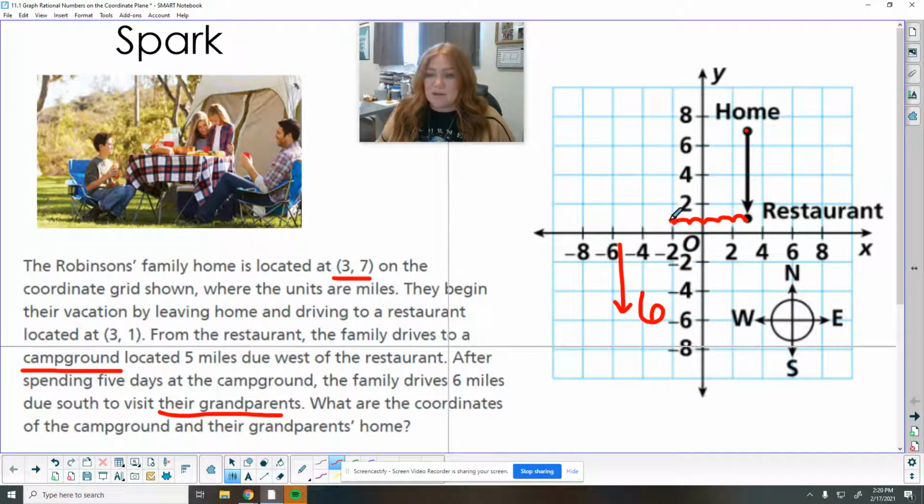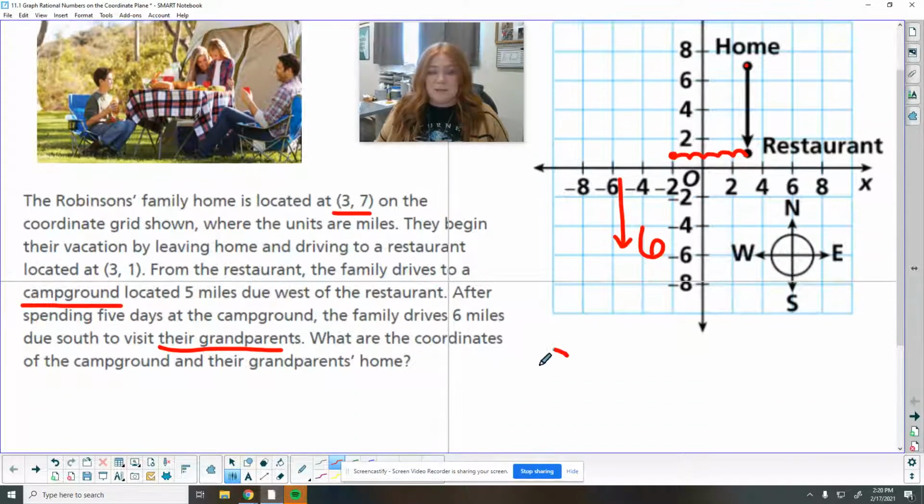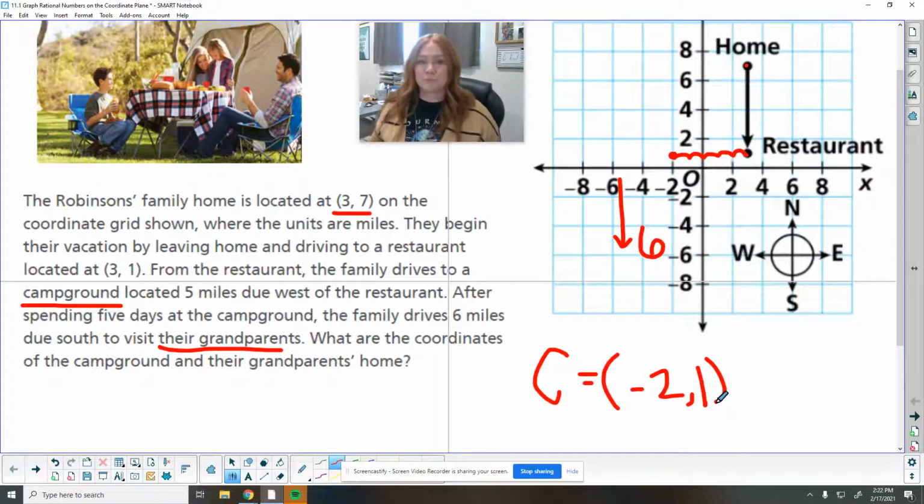So it looks like the campground is here at -2. So we're going to the left on this number line, -2, and then up 1. So the campground is at (-2, 1).